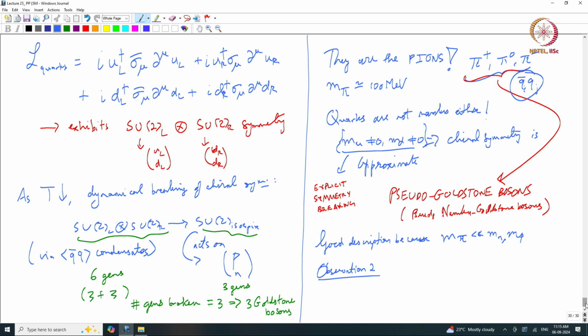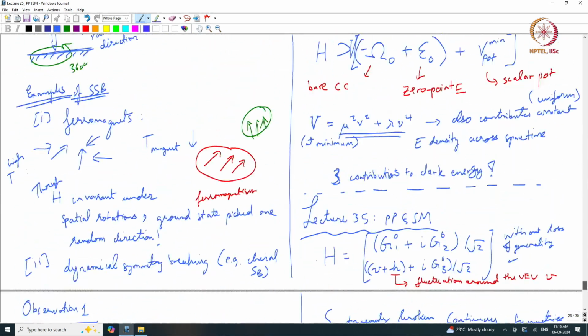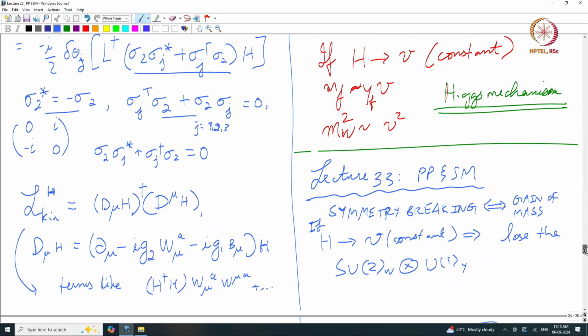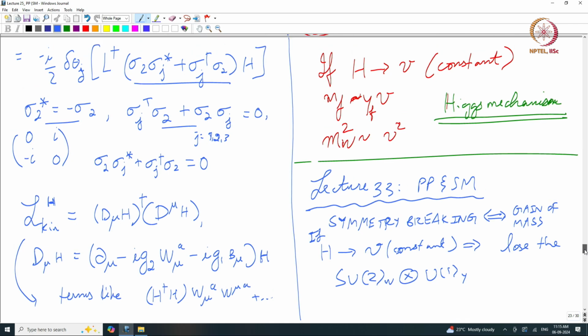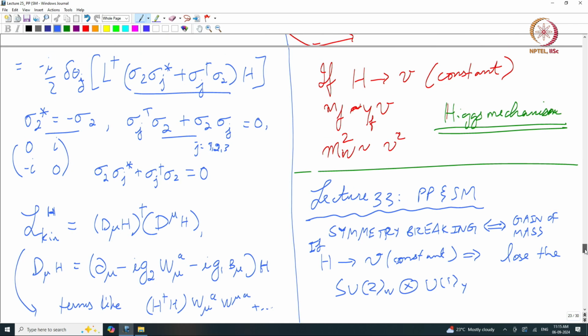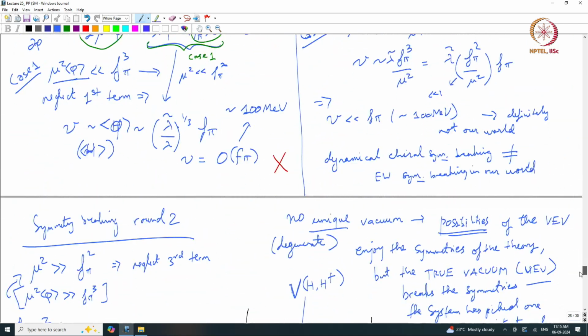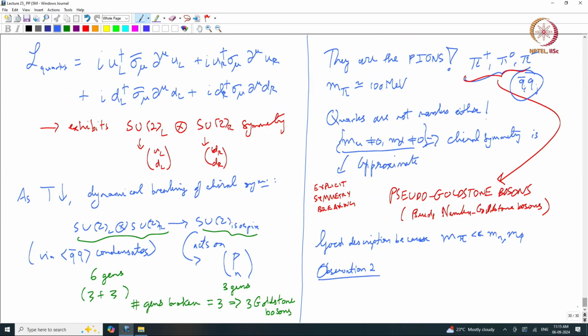Where will I get the mass of the gauge bosons? When we introduced the Higgs field, the only terms we had were the Yukawa terms and the kinetic terms of the Higgs field itself, right. So, obviously this is where in the covariant derivative the gauge bosons reside. So, that is where I can hope to get the mass of the gauge bosons, right.